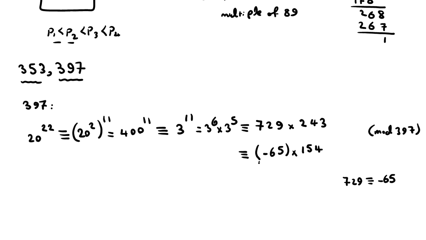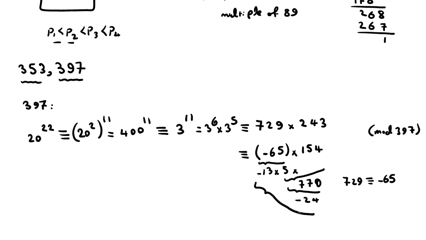negative 154. Now here you can say it is negative 13 times 5 times this number. 5 times this number is 2525 plus 227, 770. And this one is congruent to negative 24.